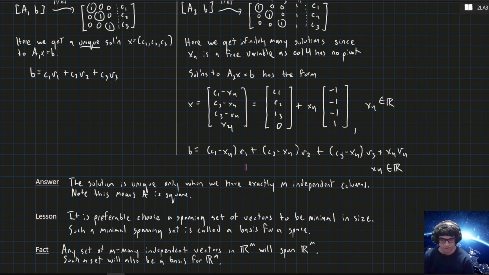Like I said, we'll carefully define what a basis is later, but you can think of it as the most efficient way to span a set, with no additional redundant vectors in there.